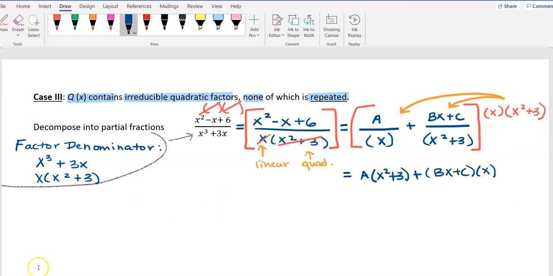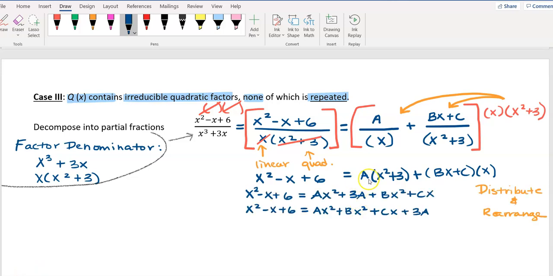Now that I've distributed over here on the right, I still need to set it equal to the numerator on the left. So now I have this equation here, and I need to distribute the a through, distribute the x through. So basically distribute and combine like terms on the right-hand side so that I'm able to solve for a, b, and c.